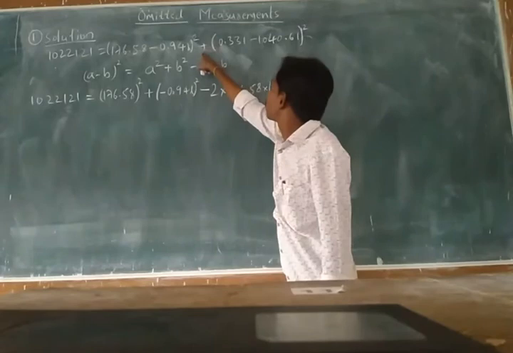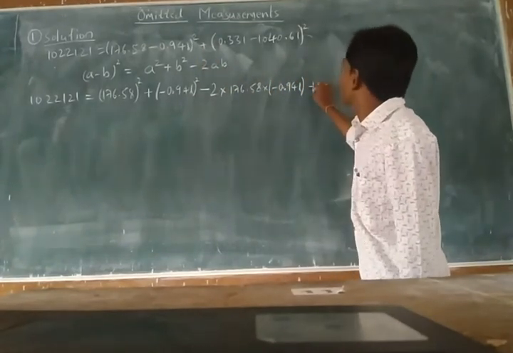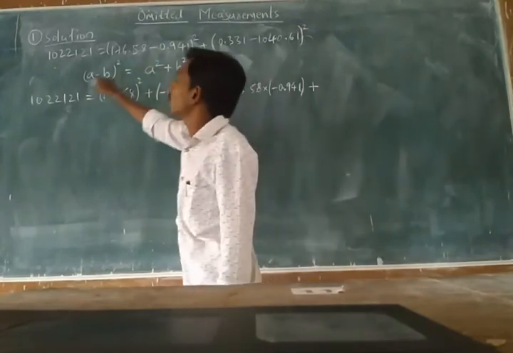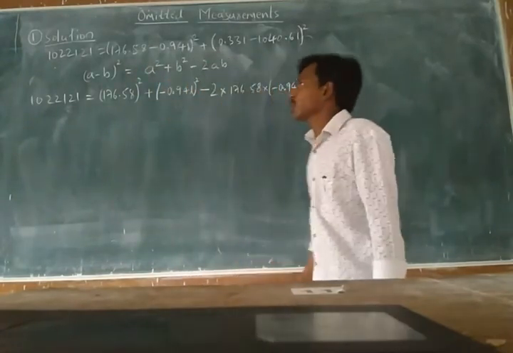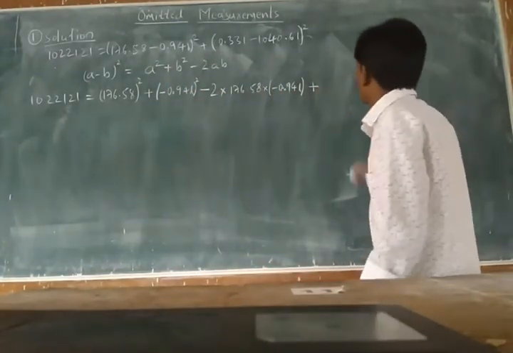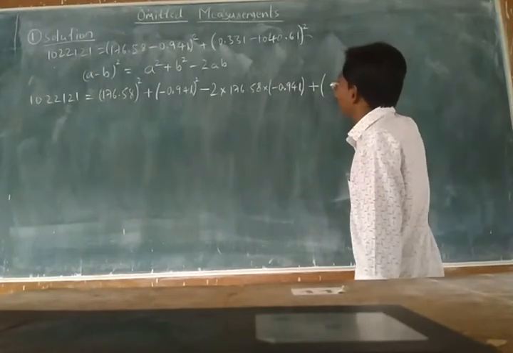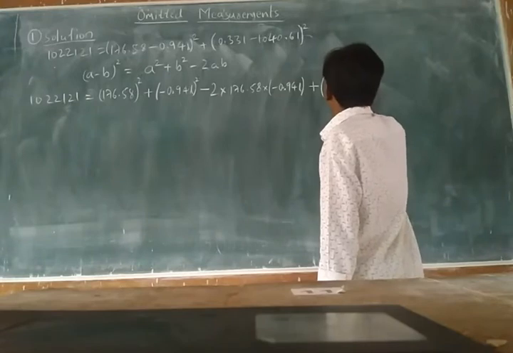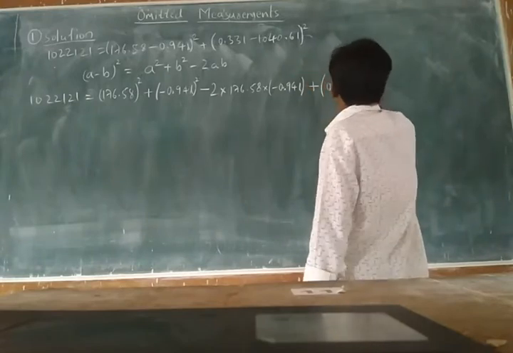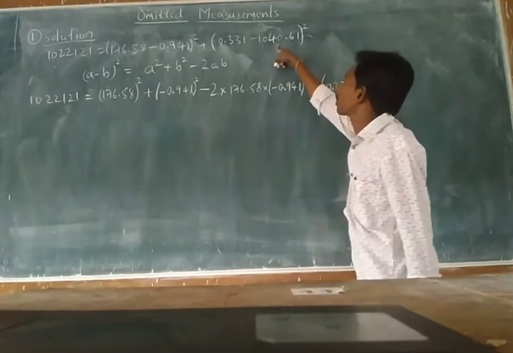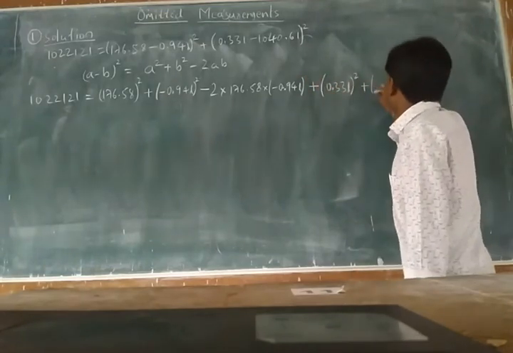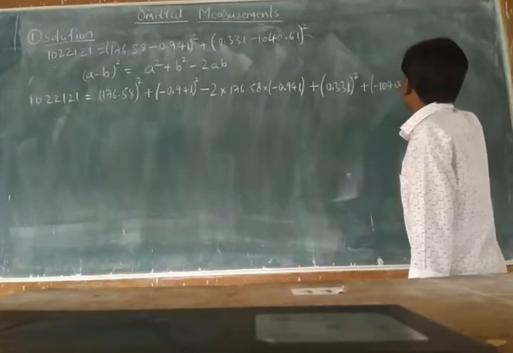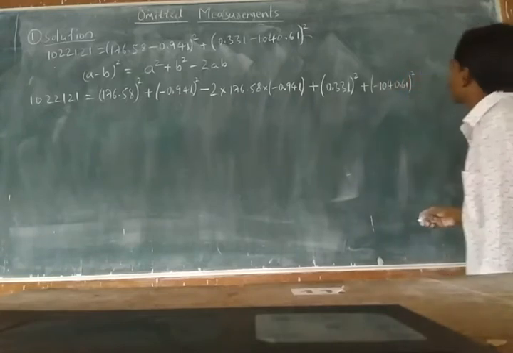Now plus, now again split this equation as per this a minus b whole square formula. So again this will become 0.33 L whole square, that will be a, plus b means 1040.61, so that will become minus 1040.61 whole square.